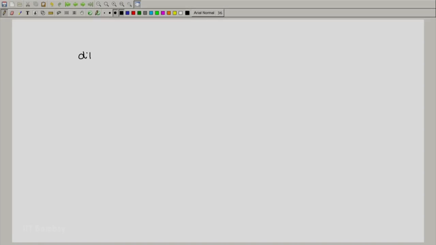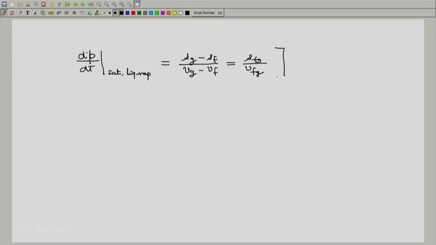And if you do that, you will get this relation: dP by dT along the liquid vapor saturation line is Sg minus Sf divided by Vg minus Vf, which can also be written down as Sfg divided by Vfg. This is one form of the Clausius-Clapeyron equation.